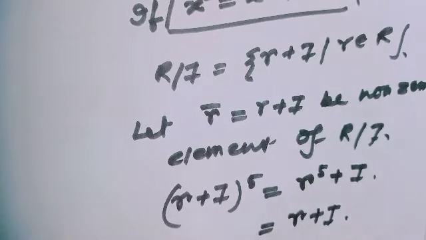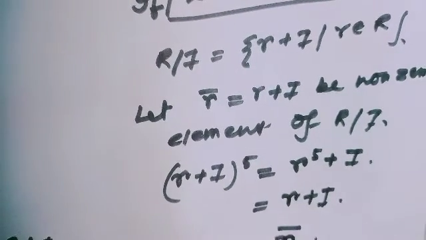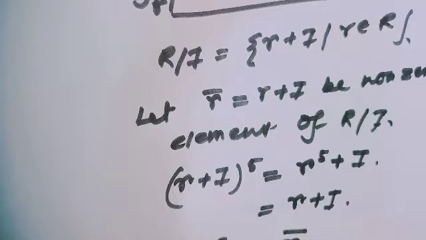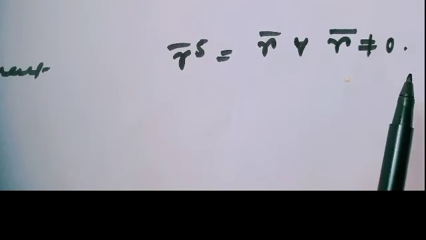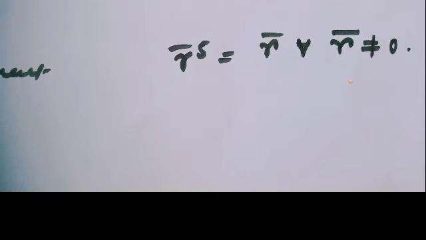Therefore, I have got R bar to the power 5 equal to R bar, for all R bar not equal to 0.